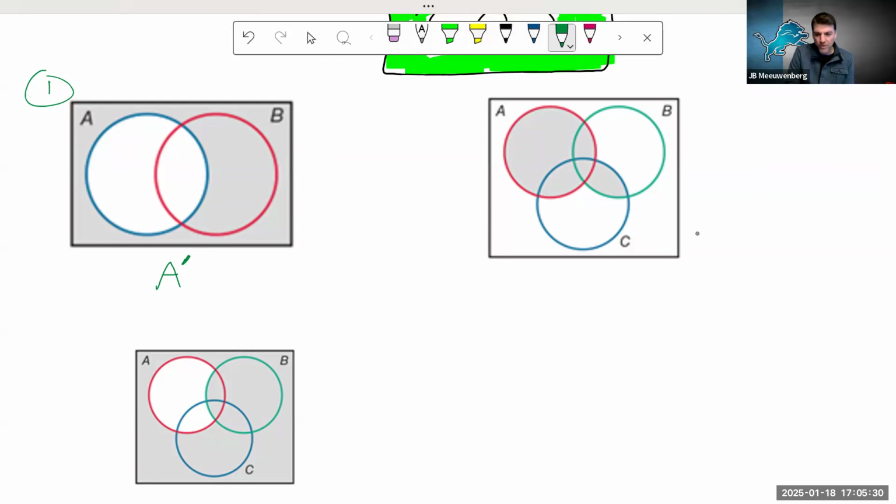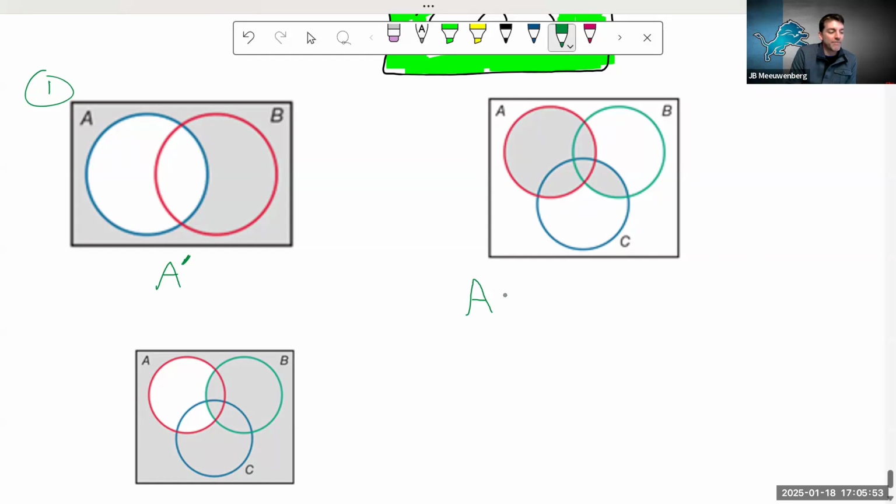Okay. Let's go over to this one. This one's got a lot going on. One thing that you might have noticed is that everything inside set A is shaded, right? This might take us a couple attempts to work through.